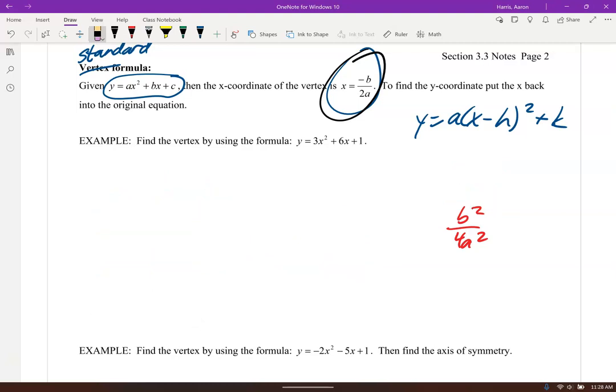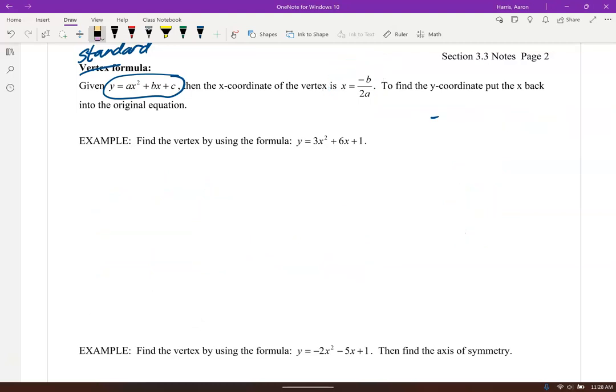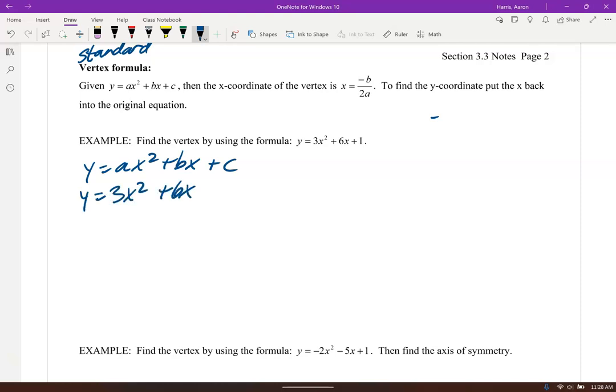You can just use the formula that the axis of symmetry is x equals negative b over 2a. So here it is, and we have our standard form. So instead of putting it in vertex form, we'll just say, oh, well, right away I know my axis of symmetry is x equals negative b over 2a.